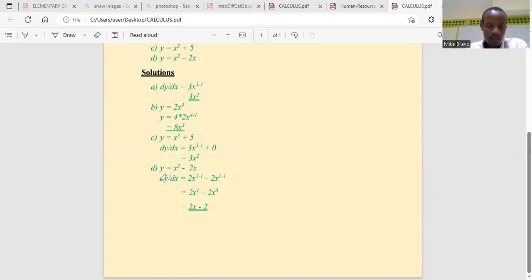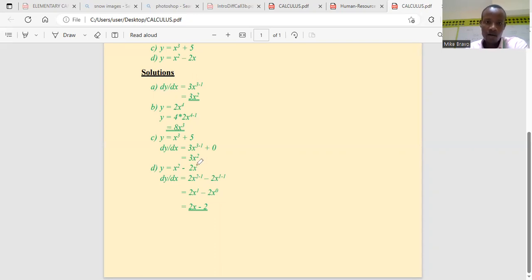Then let's look at function d. Function d states that y equals x power 2 minus 2x. dy dx for this function equals, so here, this first term, x squared, we bring this 2 down, so that we have 2x power 2 minus 1. Then minus, let's come to this other term here.